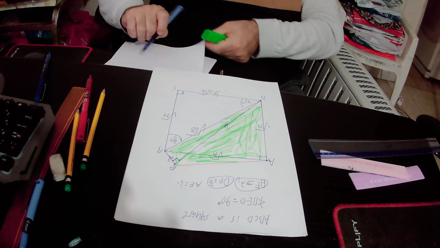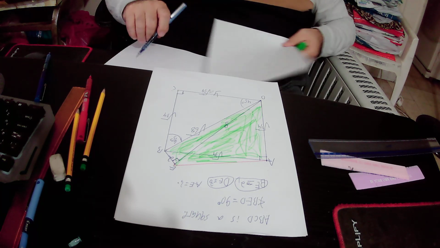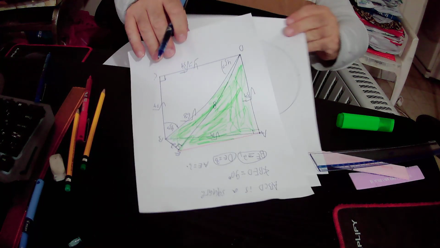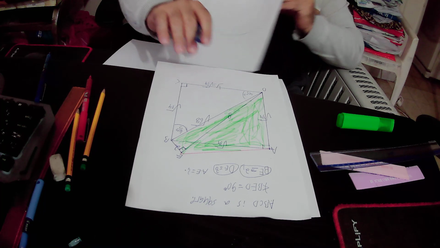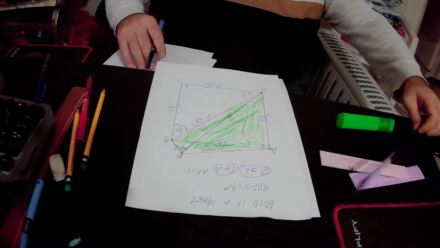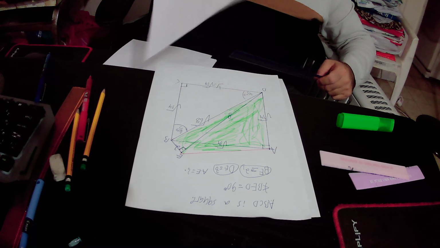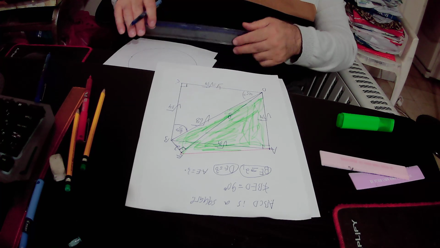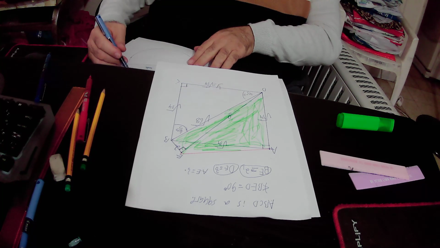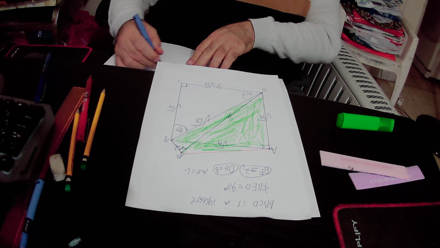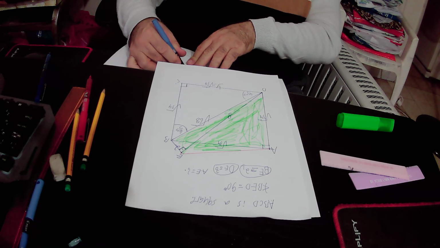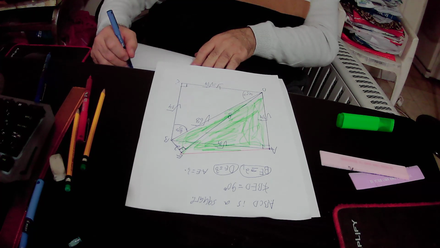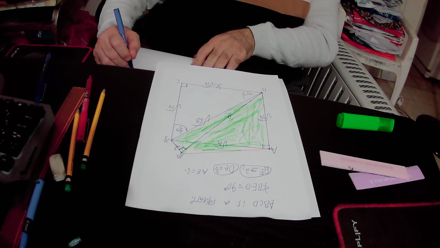So here we have quadrilateral AEBD in the green color, inscribed by a circle.